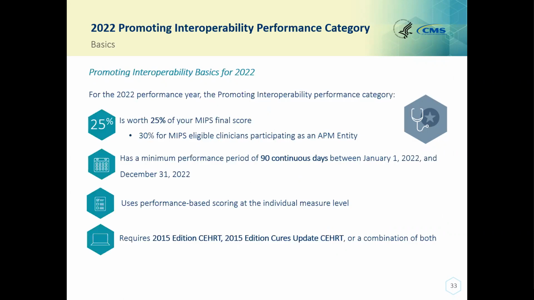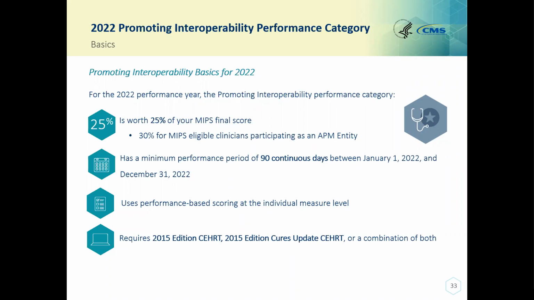Okay, so for 2022, Promoting Interoperability is worth 25% of your final score. If you are a part of an APM entity, it's worth 30%. You must have a performance period of at least 90 consecutive days, but you can certainly have a performance period of any length from 90 up to 365.